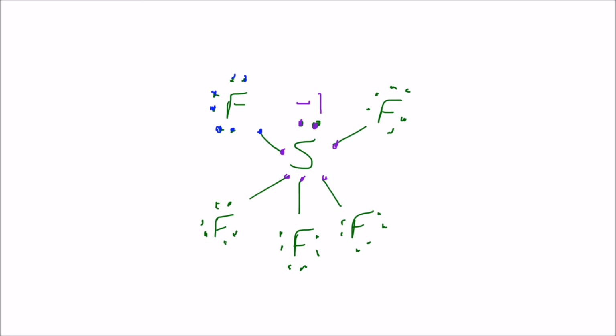So it has no more or less electrons than what it's supposed to have, which means that fluorine has a 0 formal charge. And these fluorines look exactly like that fluorine does. And when I say they look the same, what I mean is that they each have a single bond and they each have 6 lone pair electrons around them. That means that these fluorines have 0 formal charge as well.